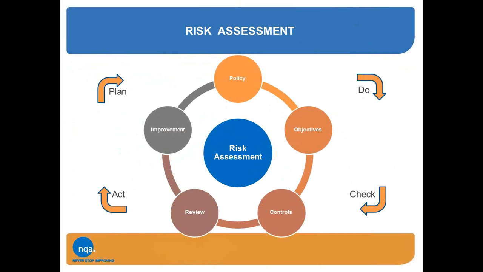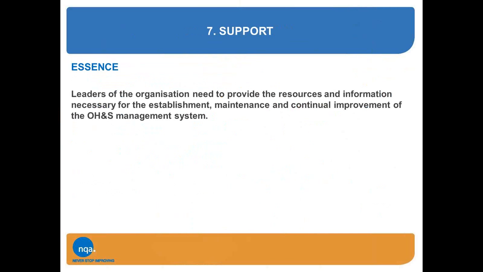So that's the plan, do, check, act model in its entirety as far as the management system is concerned in very broad terms. Obviously, the standard itself goes into a lot more clauses and a lot more detail of the requirements, but you can see the principles of that and how it works using the plan, do, check, act model.